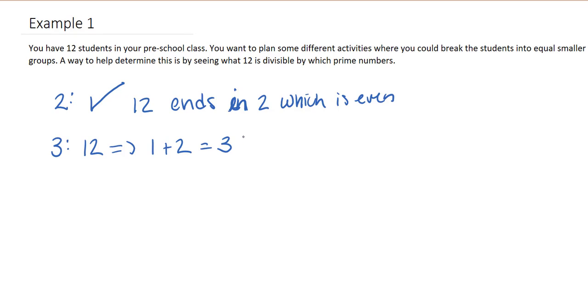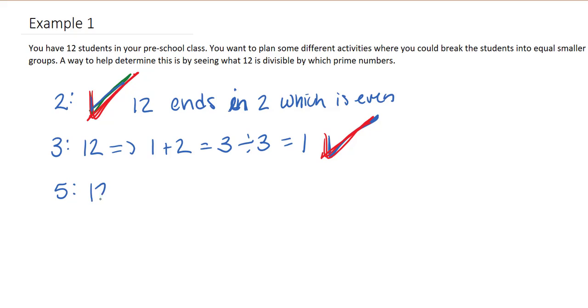If we divide that by 3, we get 1. Because we get a whole number, this is divisible by 3. So this checks out. Let's do a red check mark. So 3 works.